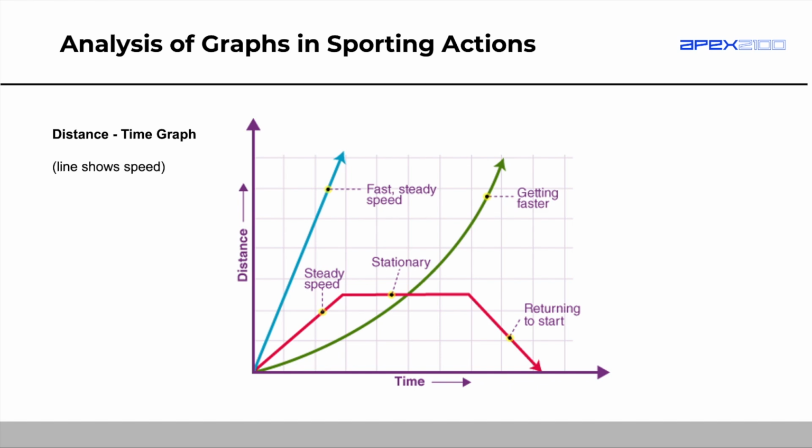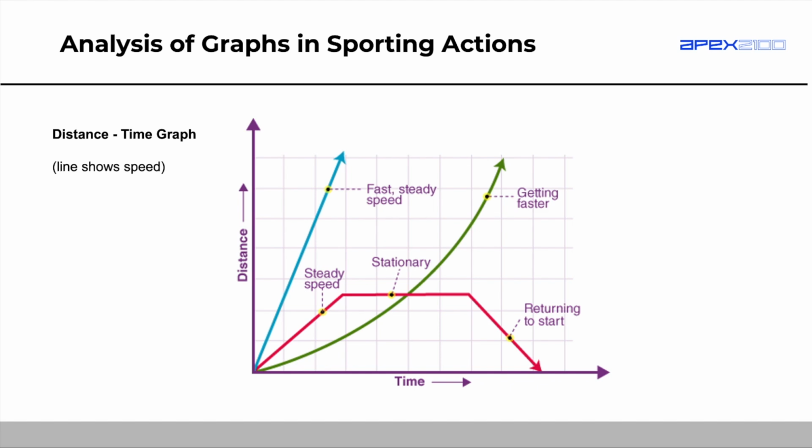Now, if we look at the three lines within our graph, if we're looking at time and distance on our axes, we can assume that the line is actually showing speed. So the line is showing us the speed that we're moving, distance over time gives us speed. So that's the outcome.